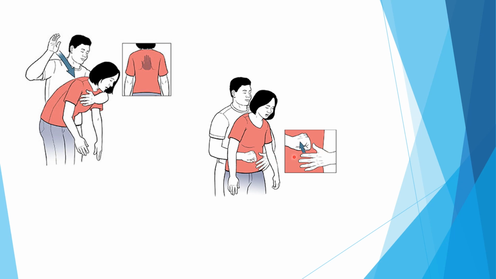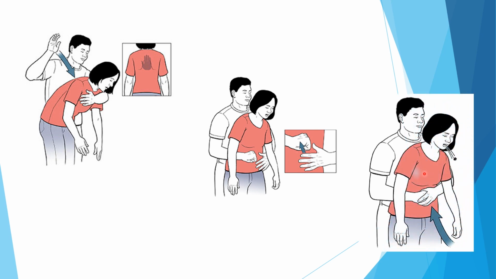These abdominal thrusts lift the diaphragm and force enough air from the lungs to create an artificial cough. And this cough helps move air through the windpipe, pushing and expelling the obstruction out of the airway and mouth.